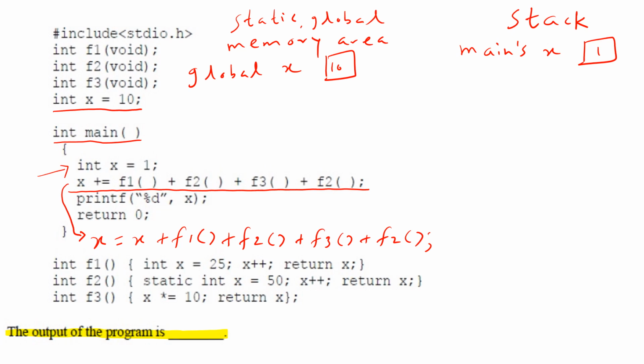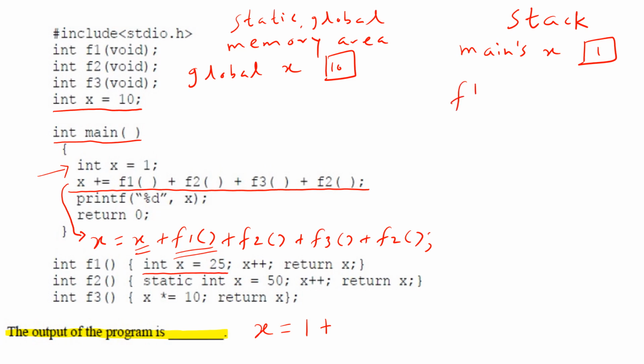So this is the statement which we want to execute. What is the value of x? This x is a local x which is defined in main and its value is 1. So x is equal to 1 plus, now we call this function f1. Then we have f1's x with initial value 25.